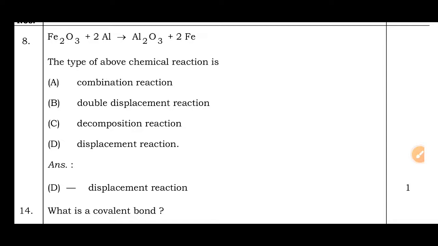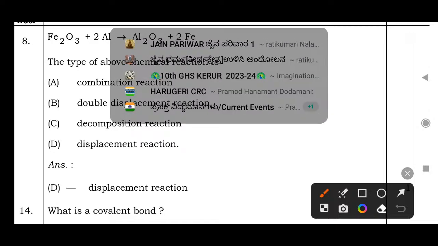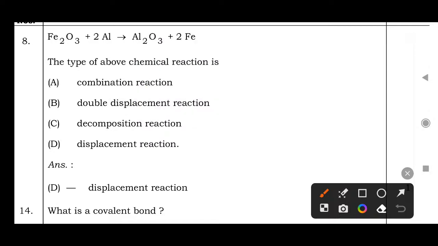Then iron oxide Fe2O3 reacts with aluminium. It gives aluminium oxide with iron. The type of above chemical reaction is, what? Chemical combination or double displacement or decomposition or displacement reaction, they ask.